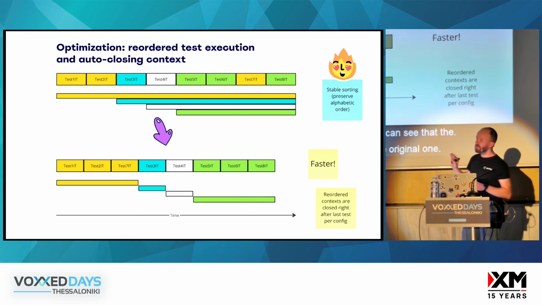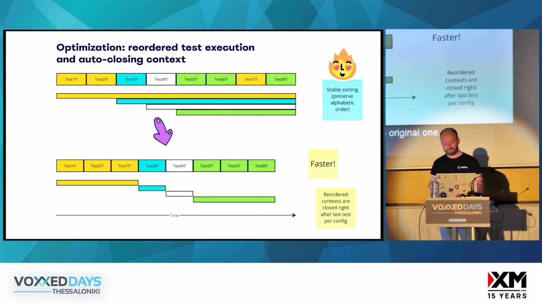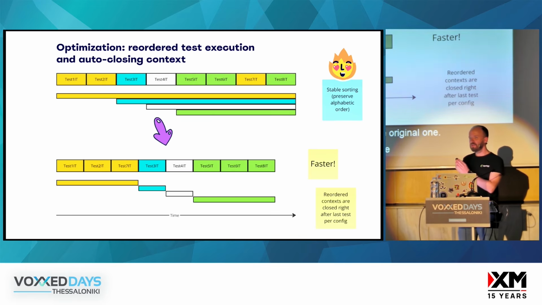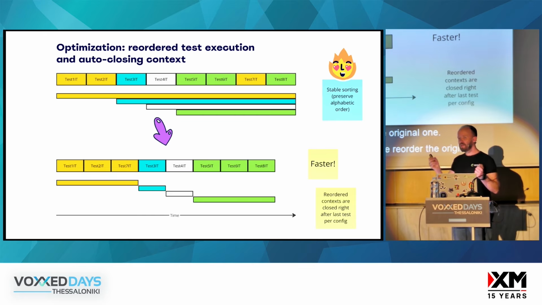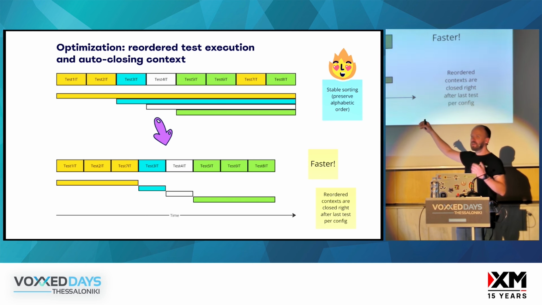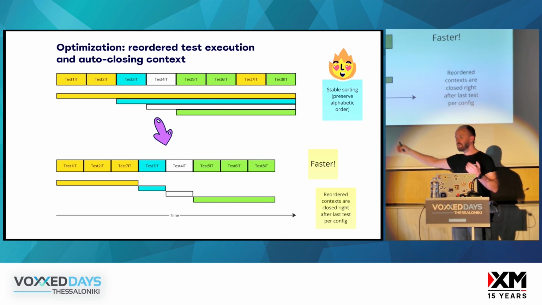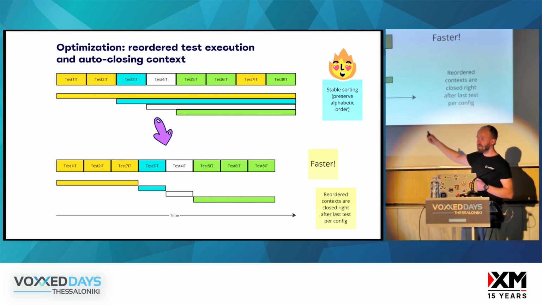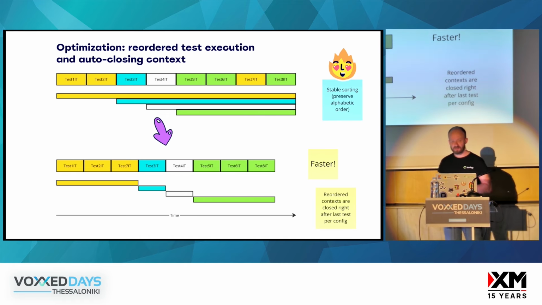This idea is complementary with the second optimization. What if we reorder the original list of integration tests to group all tests that use the same configuration, and hence use the same context, sequentially, and then eagerly close the context?